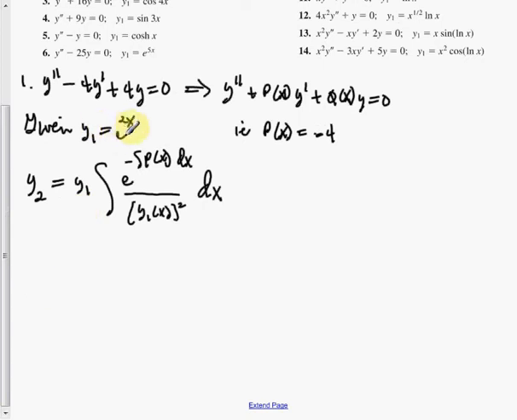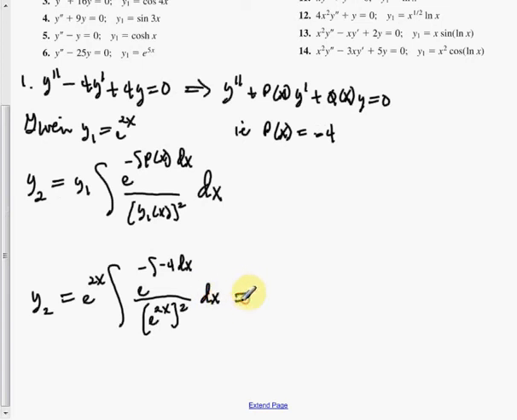And we're given that y sub 1 is e to the 2x. So the second solution is said to be e to the 2x times the integral of e to the negative integral of negative 4 dx all over the first solution, e to the 2x, to be squared dx. We just simplify. This is e to the 2x out in the front times the integral of e to the, we integrate negative 4, well, negative times negative is positive, so basically we just have 4 times the integral of dx.